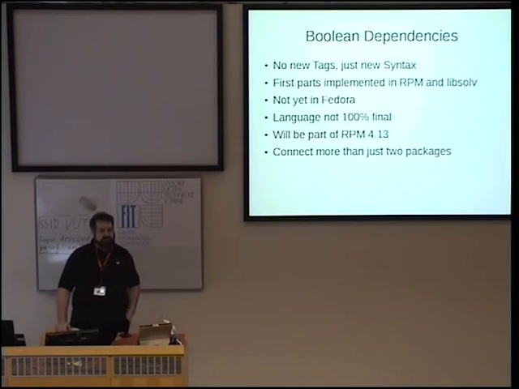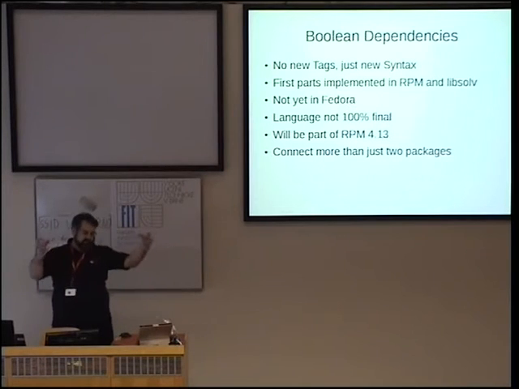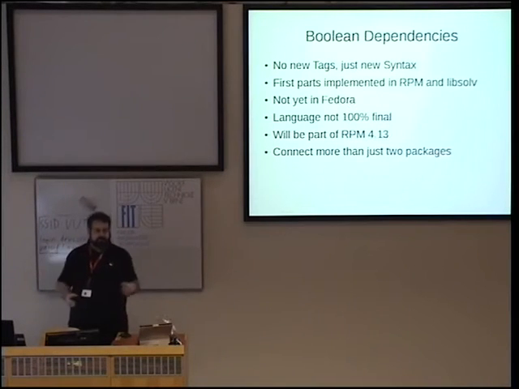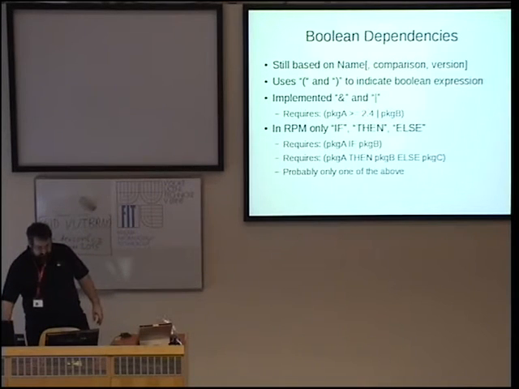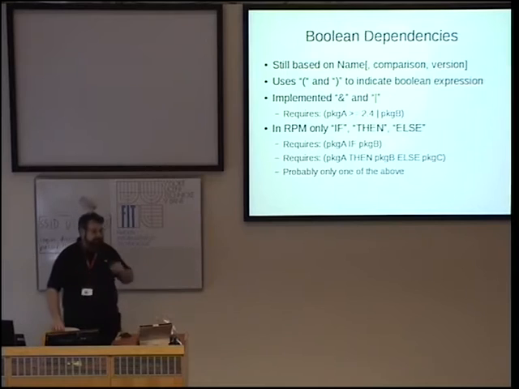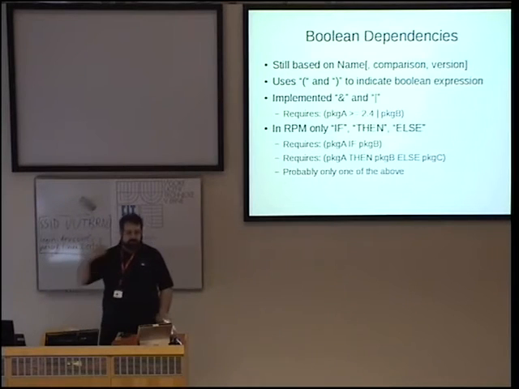And the main thing is you can have requirements in more than one package, and so as you address one package with a requirement, you basically bind two packages together. You will be able to bind more than two packages together. They're still based on the provide name with optional comparison in the version.